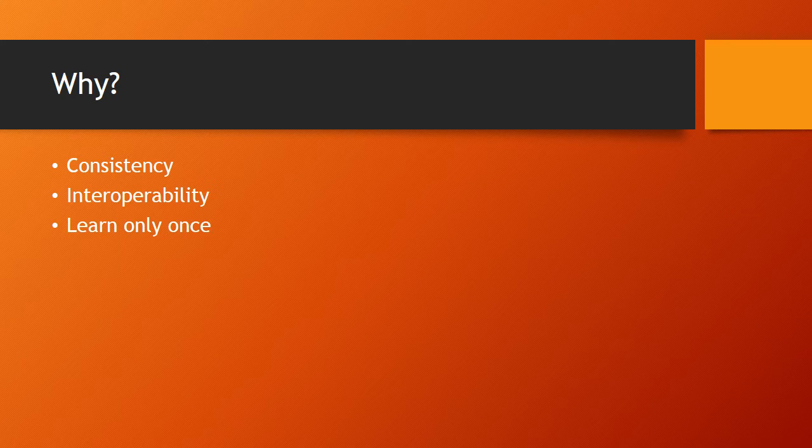Interoperability is like the buzzword of the 21st century. We want to be able to share records across many different systems. In order to do that, things have to be encoded in the same way. And we want people to only have to learn once how to do things.